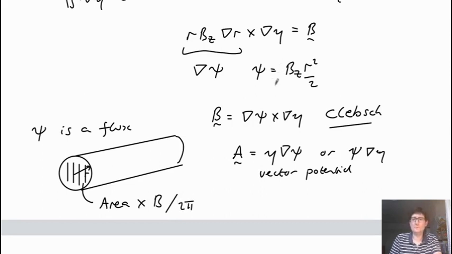So it's the field Bz, so z is down the page here. So Bz is in this direction. So the flux through this surface here is Bz times pi r squared, and then divided by 2 pi to get Bz r squared over 2. So this is the flux per radian.